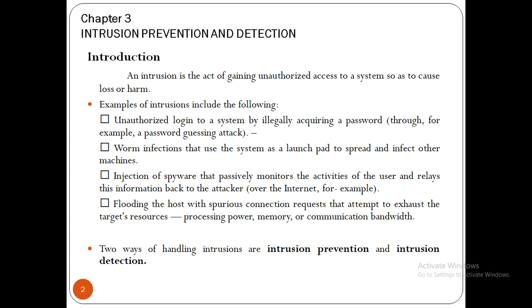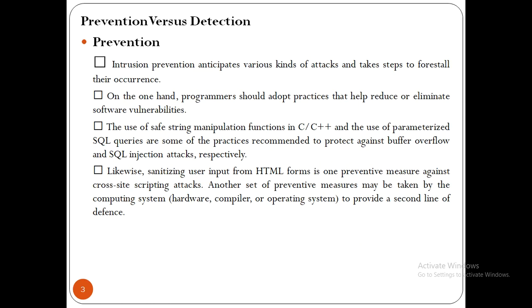Before discussing prevention and how it is different from detection, let us take an analogy with a human disease that might help clarify both of these approaches. A particular person may be suffering from diabetes and high blood pressure, which are known to be linked to lifestyle choices.